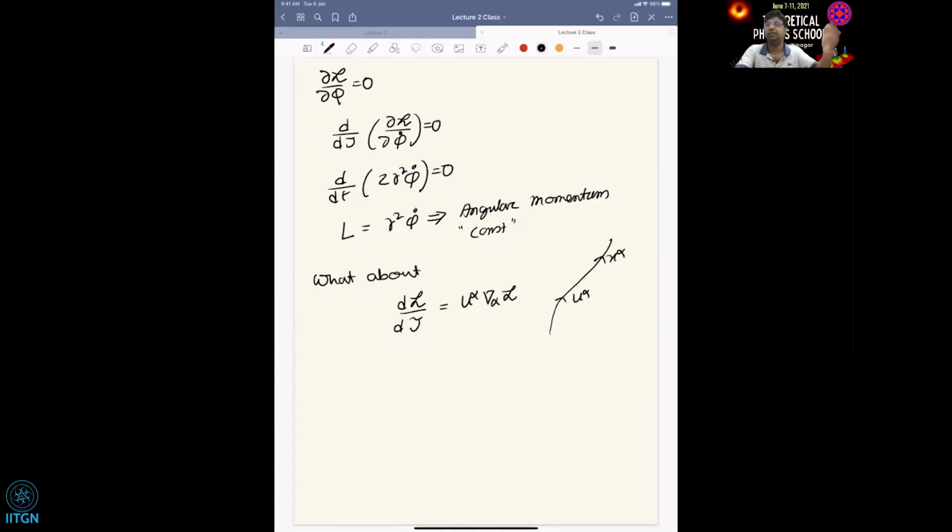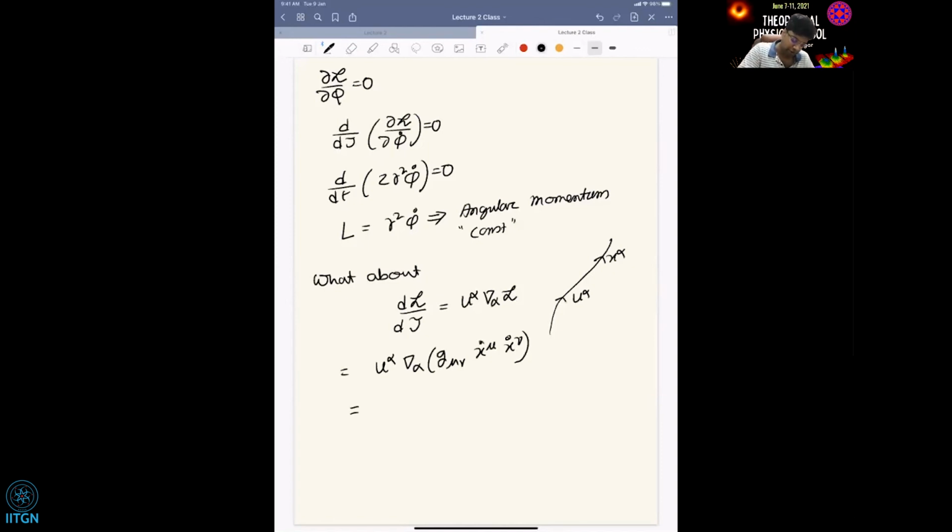The answer is obviously that the Lagrangian will not change, but let's see. The Lagrangian is g mu nu x mu dot x nu dot, with the usual notation of the dot from last time.